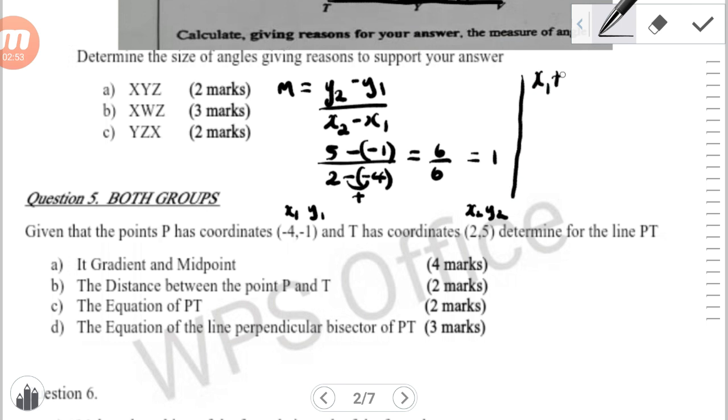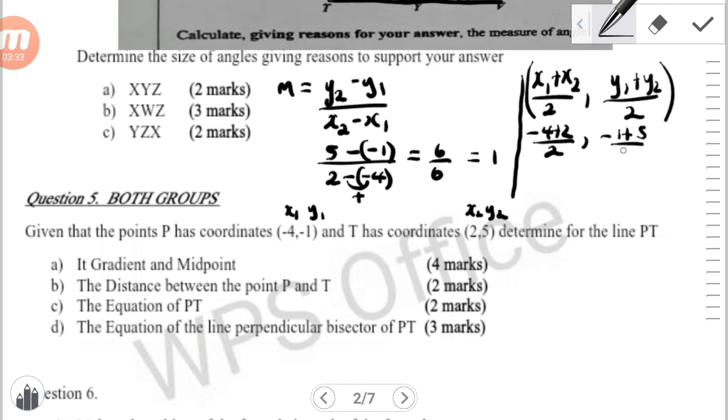Let's move right along now to getting the midpoint of this line. The midpoint formula is (x1 plus x2) divided by 2, and that is going to be (y1 plus y2) over 2. Please note that these formulas are not provided on the CSEC exams, so it's imperative that you get those formulas in the cranium stored somewhere. All right, so let's go right in and add our coordinate values: (-4 plus 2) divided by 2, comma, y1 which is -1, plus y2 which is 5, divided by 2.